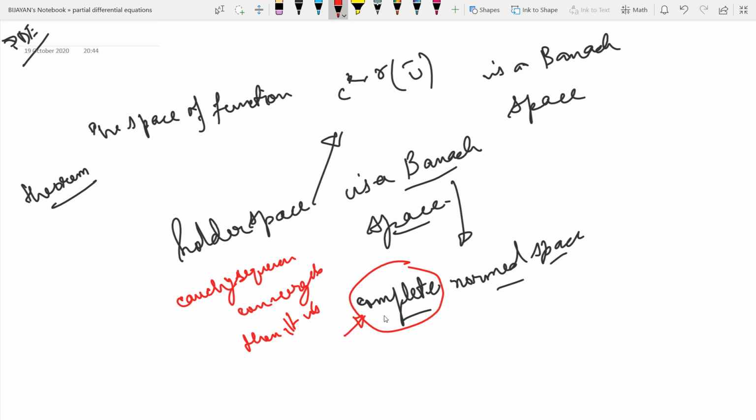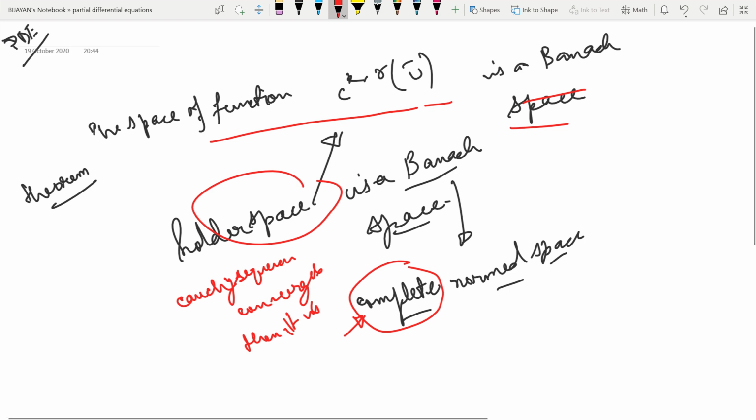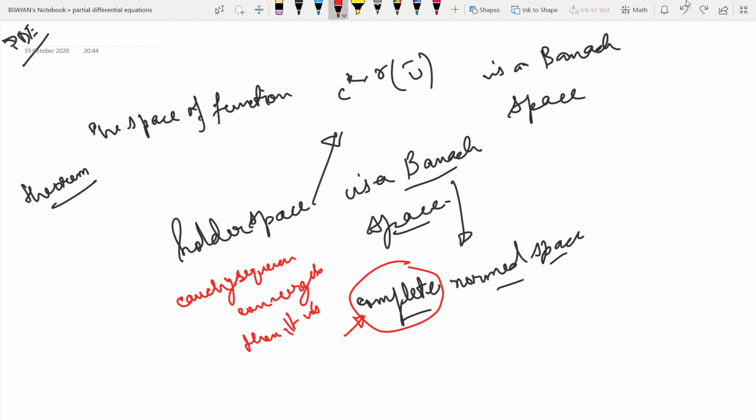If both criteria are satisfied, then it will be a Banach space. So now focus on the theorem. The space C^k, this Holder space, is a Banach space.